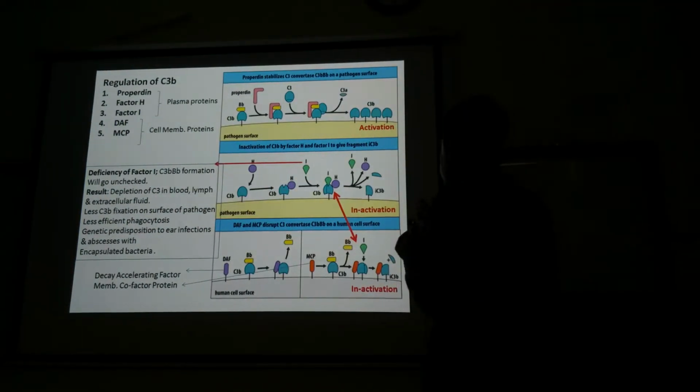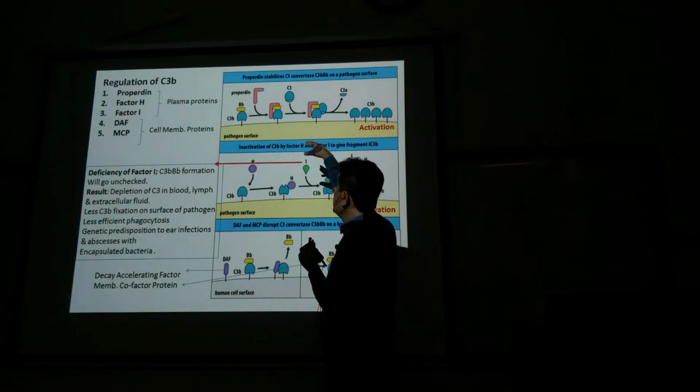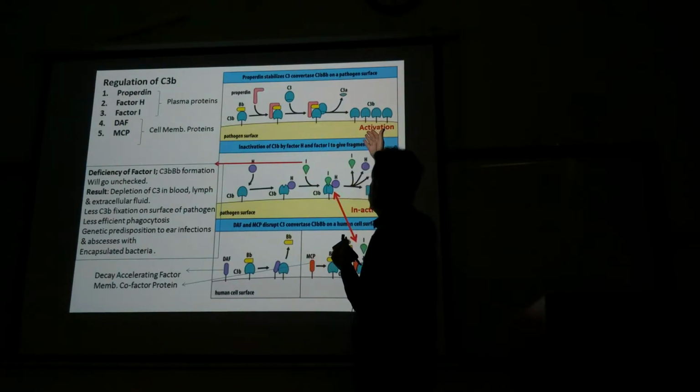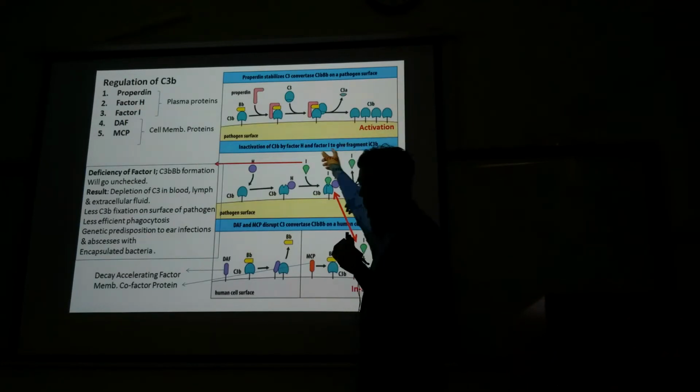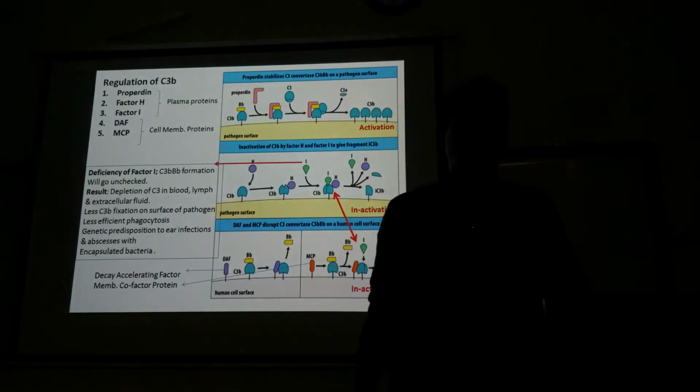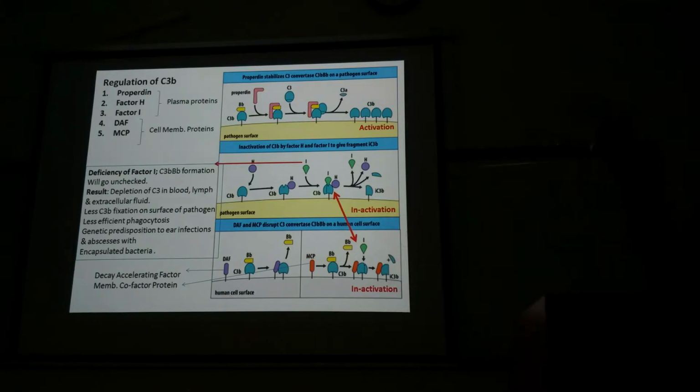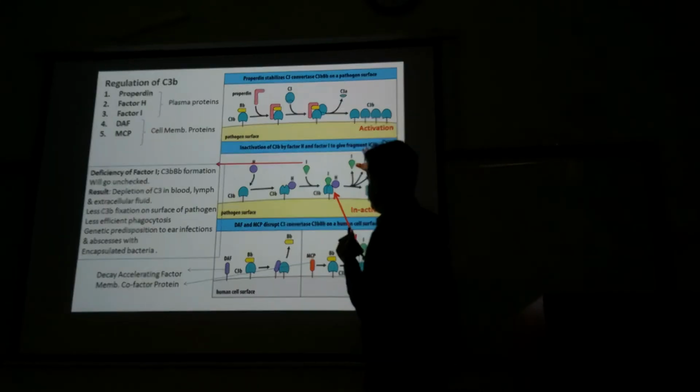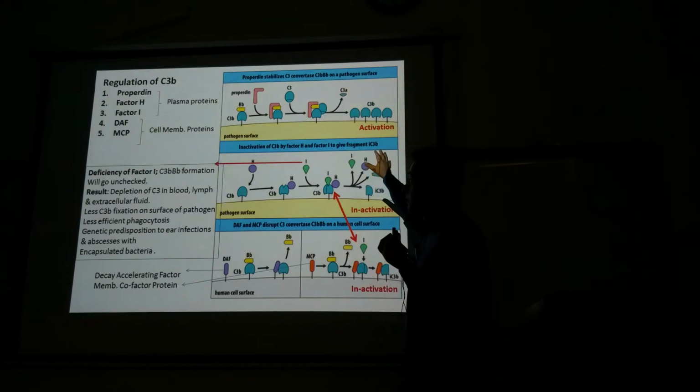So this stable structure is going to cleave lots of C3 molecules in order to make C3a and b, and the b parts in the same way as I told you in the previous slide would be fixed to the surface of the pathogen. So if more and more C3b are generated by this structure, which has been stabilized by properdin, it is a kind of activation of C3b molecules.